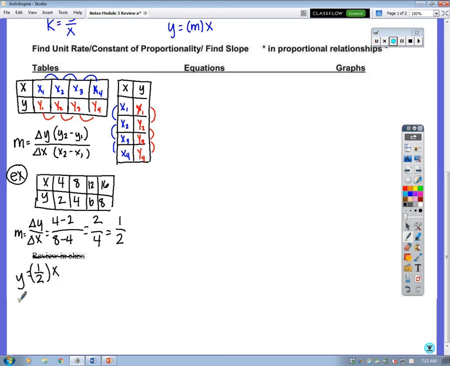And that could be y equals k times x, or y equals m times x, or y equals unit rate times x. Okay, so that's tables.